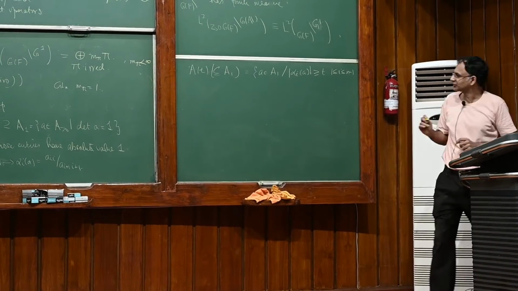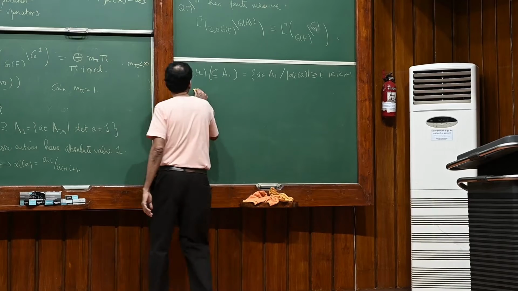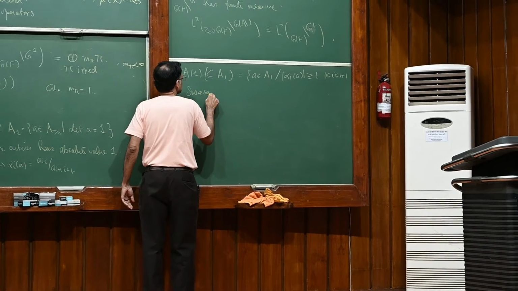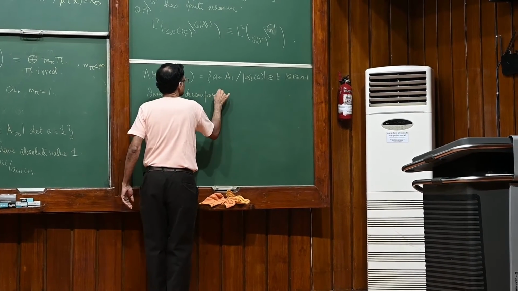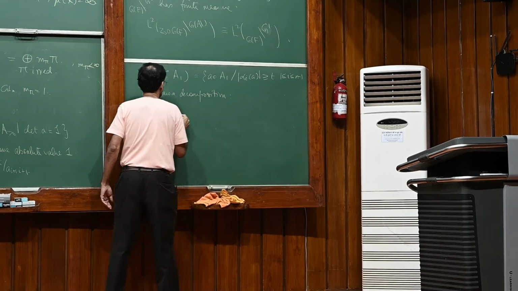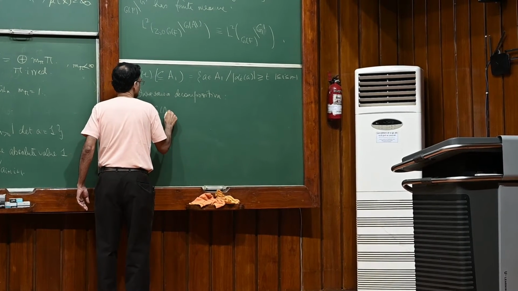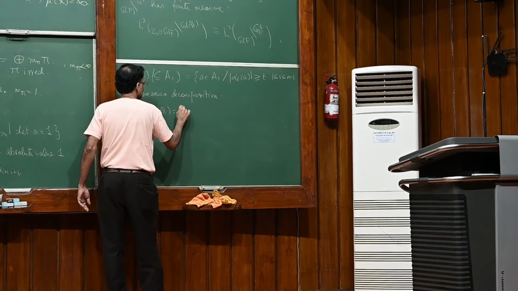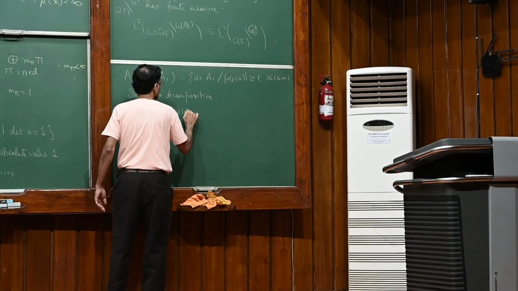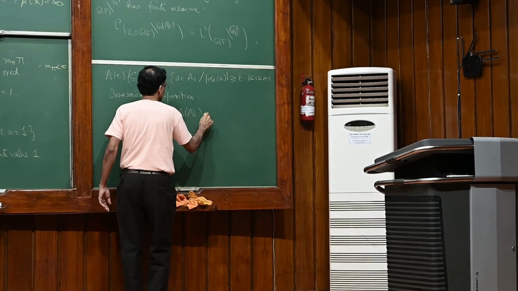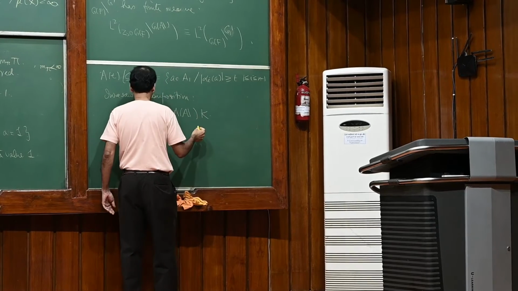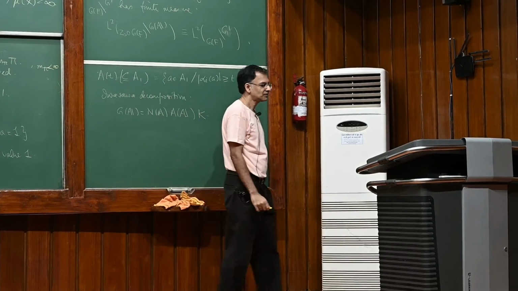First of all, before anything else, remember we have the Iwasawa decomposition. That will also come in. What does that tell us? It says that G_A equals N_A A_A and K, where K is a compact subgroup.